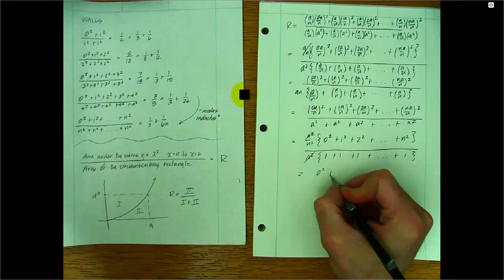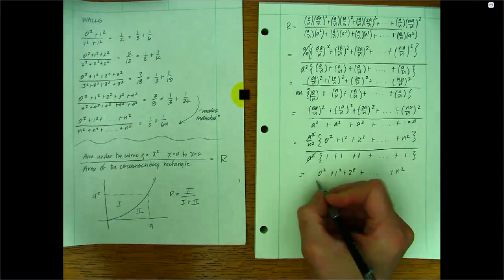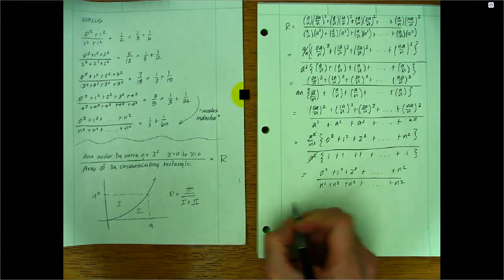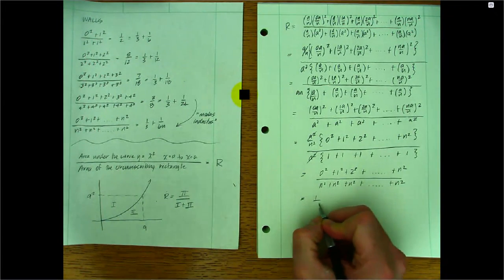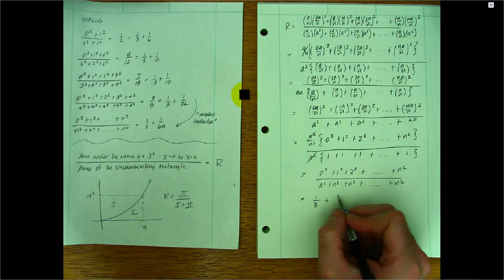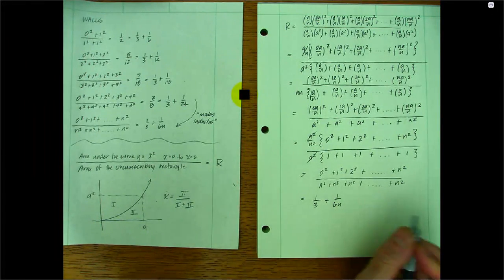So let's see, 0 squared plus 1 squared plus 2 squared plus up to n squared. And on the bottom, I would just have n squared plus n squared plus n squared plus all the way up to n squared. And by our result earlier, you can see that that's the same thing as 1 over 3 plus, let's see, 1 over 6n, right?